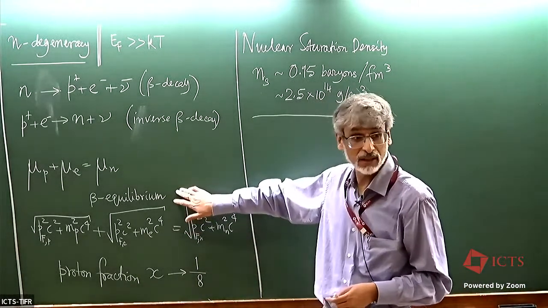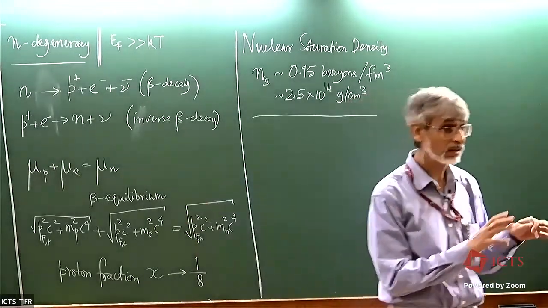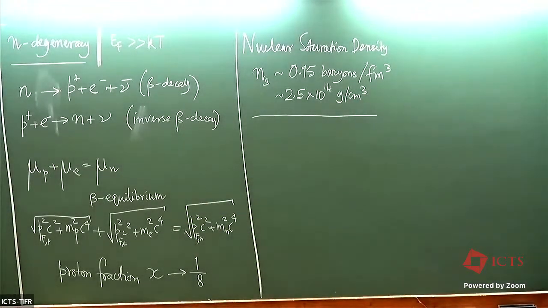the beta equilibrium composition of matter is going to become more and more neutron rich. Remember, at the surface you have normal nuclei. Normal nuclei have roughly equal numbers of protons and neutrons. Not exactly, but roughly equal, a little bit more neutrons than protons.